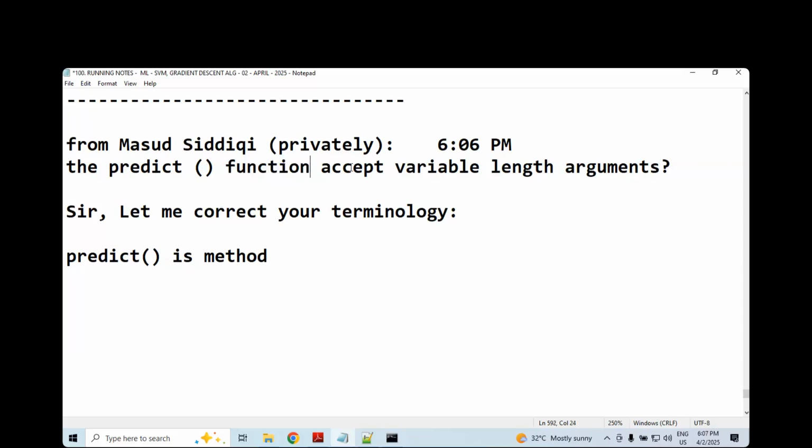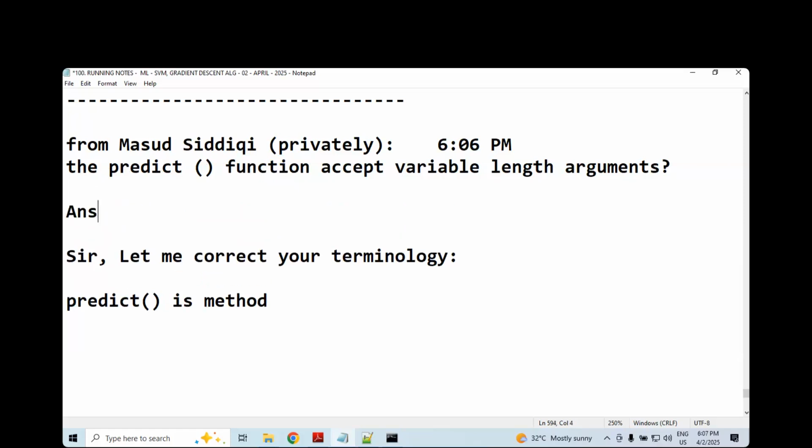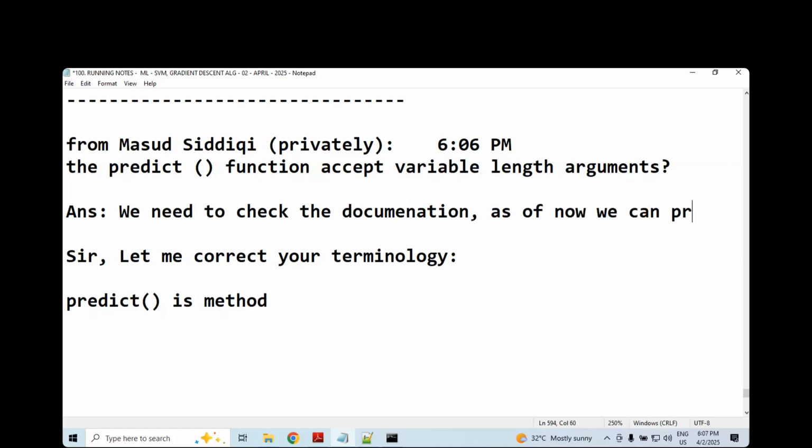Let me correct, because once corrected, there is no chance of making the mistake again. Predict method accepts variable length arguments. Now the answer will be, we need to check the documentation. But as of now, it is okay, we can proceed.